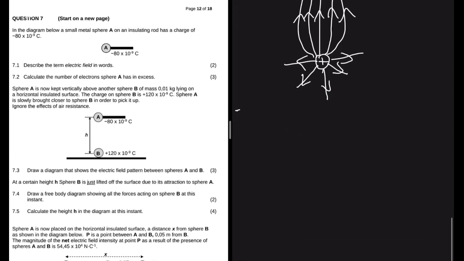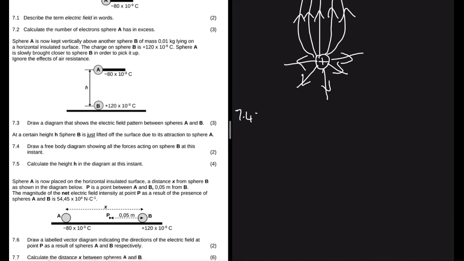And then 7.4 says, at a certain height h, sphere B is just lifted off the surface due to its attraction to sphere A. Just lifted off. Let's note that. And then draw a free body diagram showing all the forces acting on sphere B at this instance.